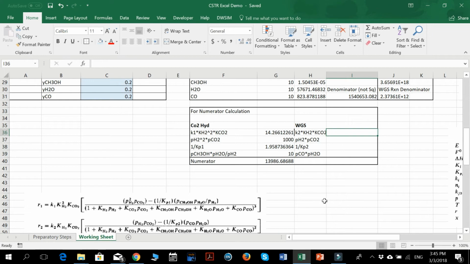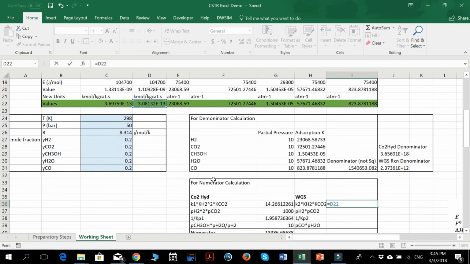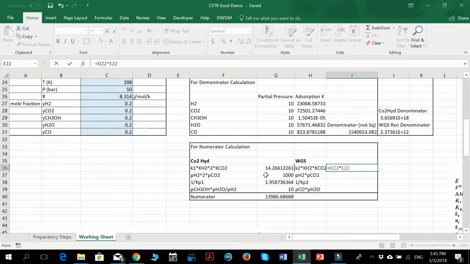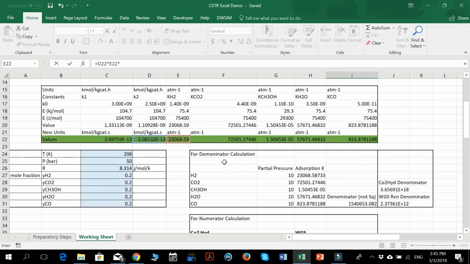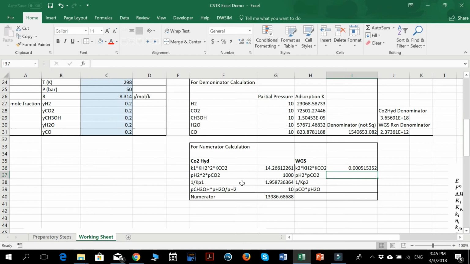Okay, so again, let's do some multiplication. K2, and you have KH2 times KCO2. Alright, that's the first thing.